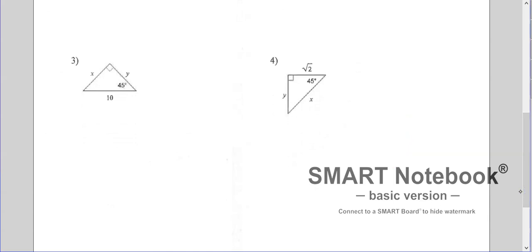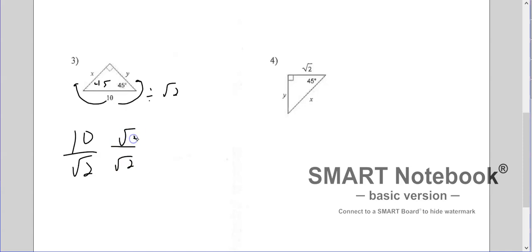All right, number 3. So this is a 45, 45, 90 again. So this time we have the hypotenuse. So when we go to the legs, which are going to match, we're going to divide by radical 2. Now remember, when we have to divide by radical 2, this is when we need to rationalize. So we're going to multiply the bottom by radical 2 to get rid of it.